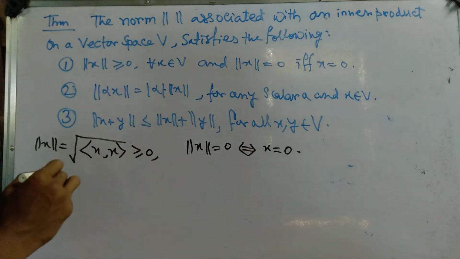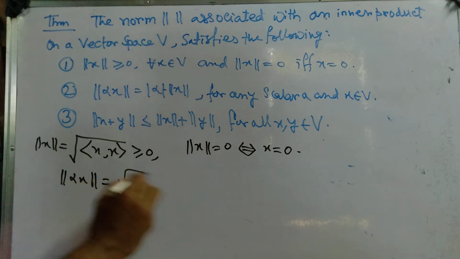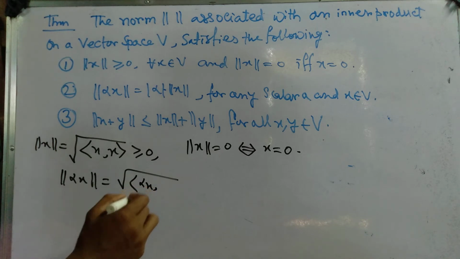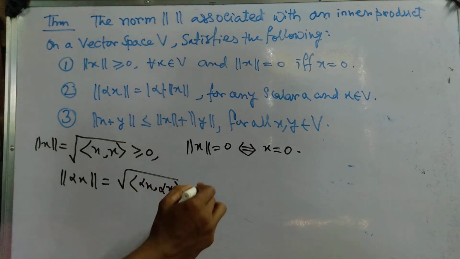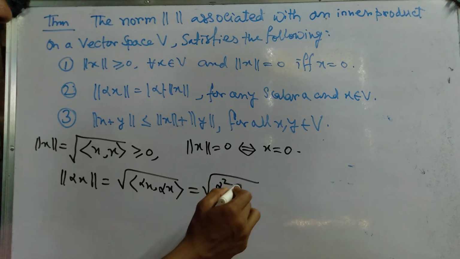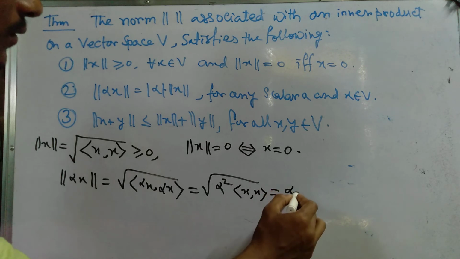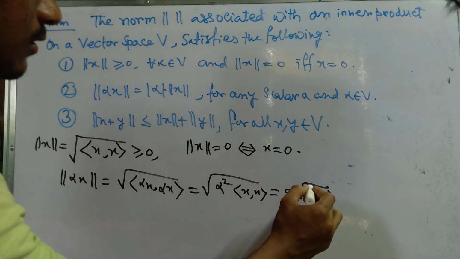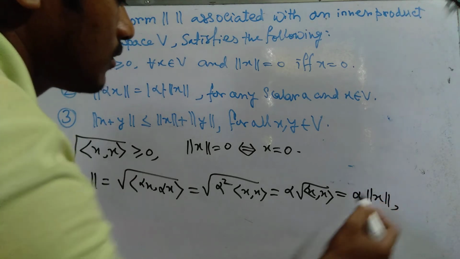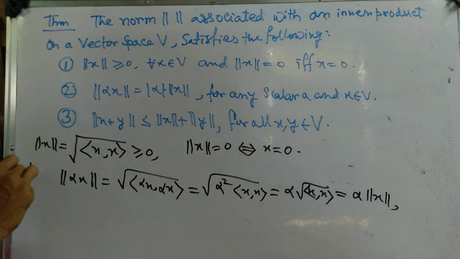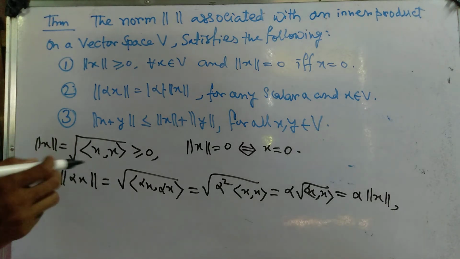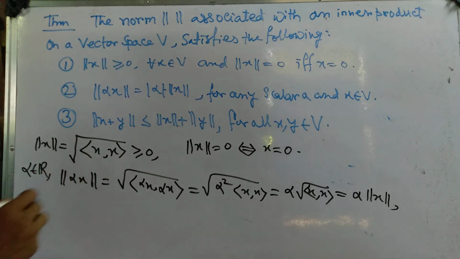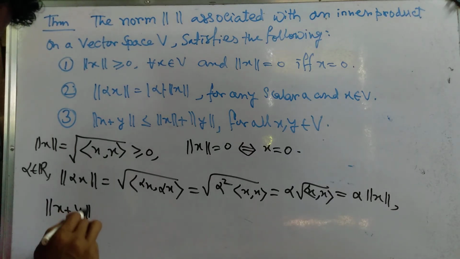And obviously norm of alpha x equals the square root of the inner product of alpha x with alpha x, that means square root of alpha squared times inner product of x with x, that means alpha times norm of x, where alpha belongs to R or C. Then we see the triangle inequality, just the beautiful triangle inequality.